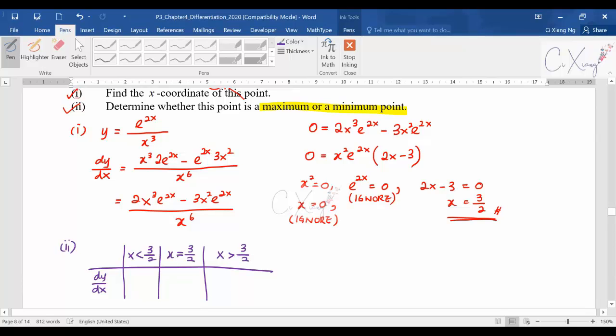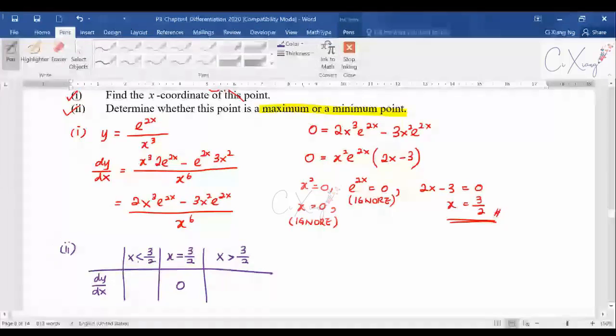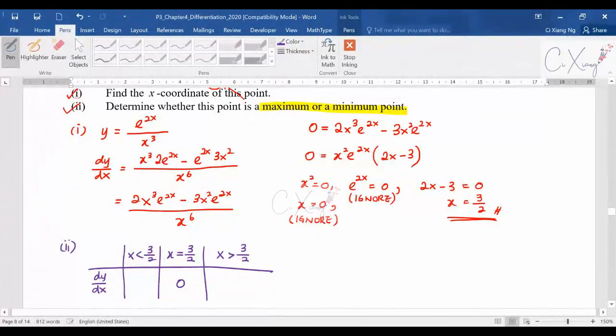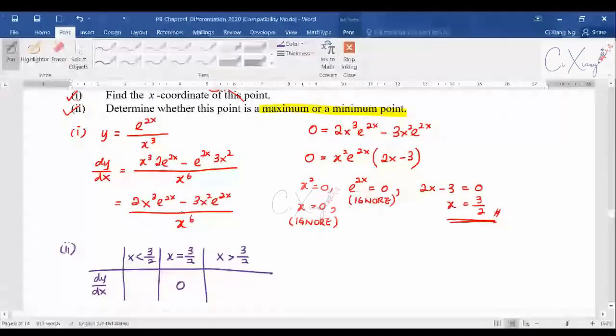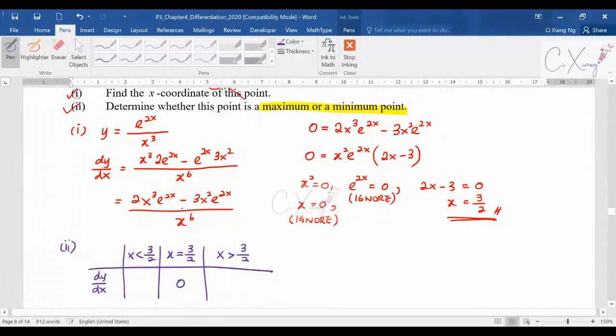When x equals 3 over 2, you'll get 0. For x smaller than 3 over 2, since 3 over 2 is 1.5, I suggest you use 1.4. Substitute 1.4 into your dy dx, and the steps need not be written out. Press the calculator carefully and you will get a negative value, so I put it as negative.